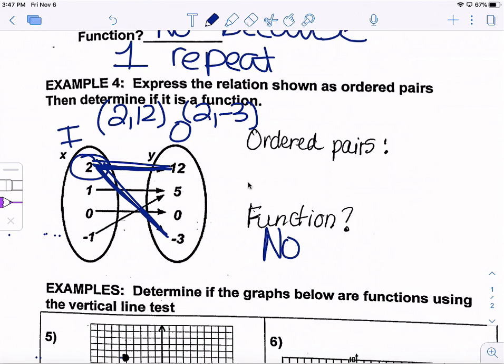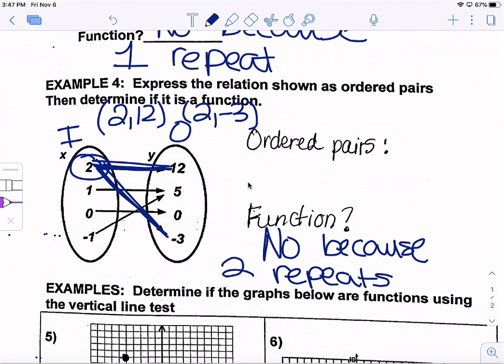So this would be no because 2 repeats, or 2 is being paired with 2 different y values, is another way of thinking of that. If we wrote these ordered pairs down, 2, 12, 2, -3, and then 1, 5, that's okay. 1 is only being paired with 5.